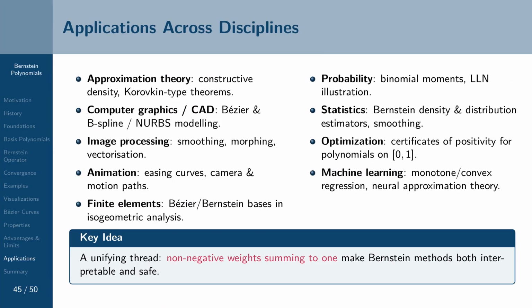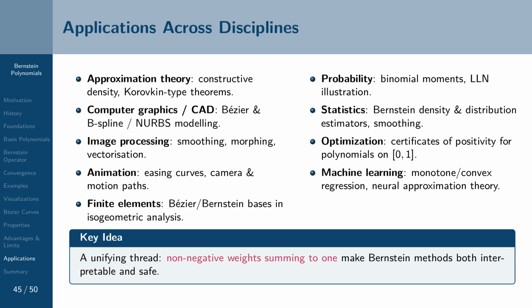A consolidated map of applications. In approximation theory, constructive density and Korovkin-type theorems. In graphics and computer-aided design, Bézier, B-spline, and NURBS modeling. In image processing, smoothing, morphing, and vectorization. In animation, easing and motion paths. In numerics, Bernstein bases for isogeometric finite elements.